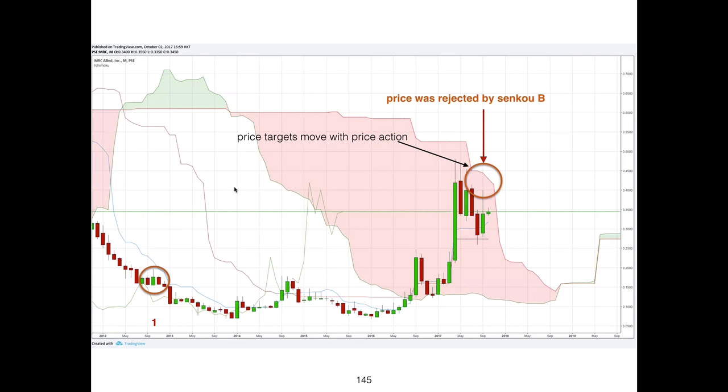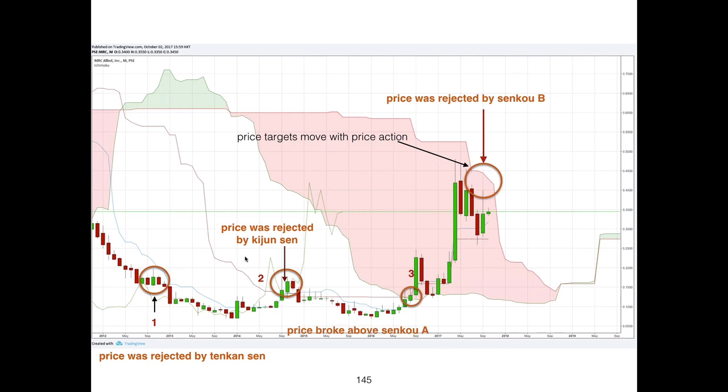Now notice in previous movements, price was rejected by the Tenkan-sen here in number 1. That was the initial target. So before price targets another Ichimoku element, it has to target the one closest to it, which here is the Tenkan line. And then it was rejected by the Kijun-sen. In number 3, price broke above the Chikou Span A. In number 4, price retested the Chikou Span A as new support. So resistance becomes support.